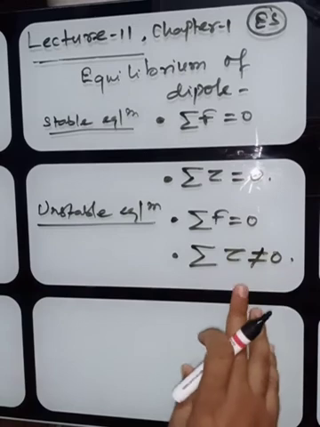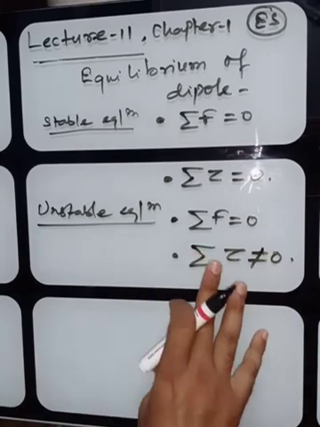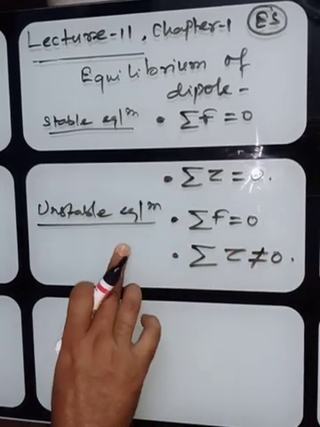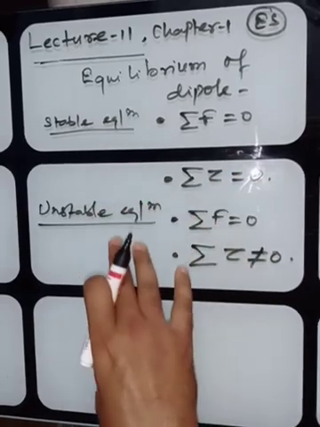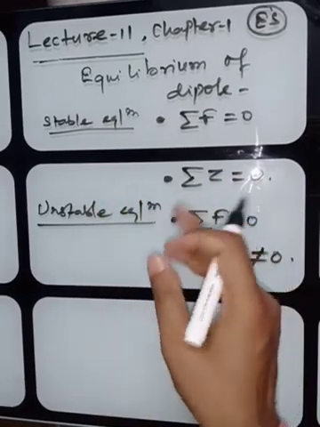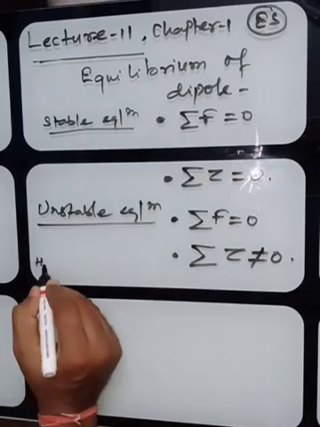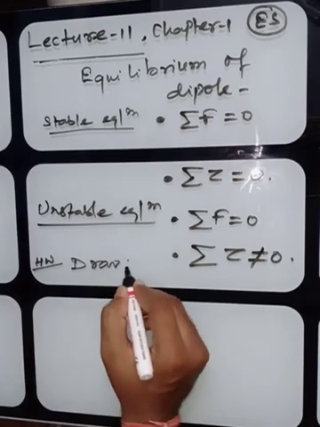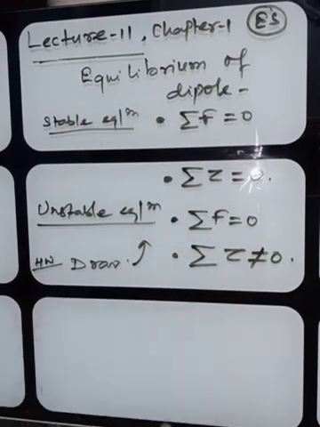This is the meaning of stable and unstable equilibrium. If you can draw the stable and unstable equilibrium, I will be very happy. Try to represent the stable and unstable equilibrium of a dipole as your class work.